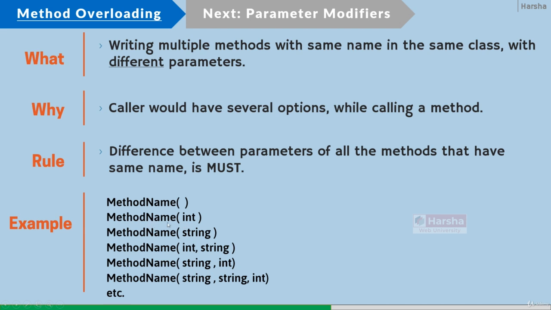For example, you have created a method with a parameter called int x. You cannot create another method with an int y parameter, because in this case the int and int parameter types are the same. Even though the parameter names differ, that is x and y, that is not valid method overloading.